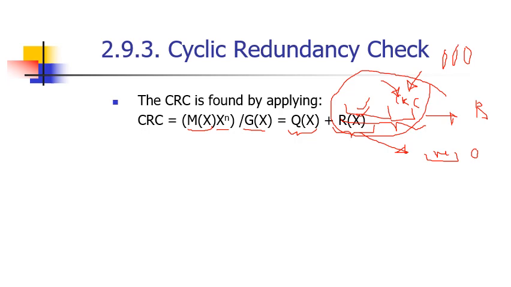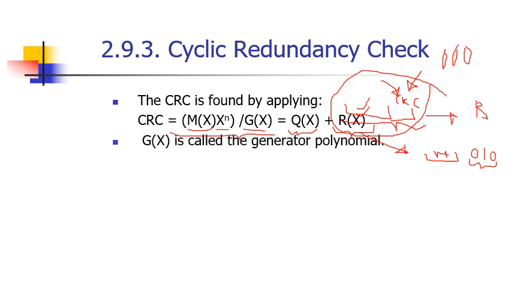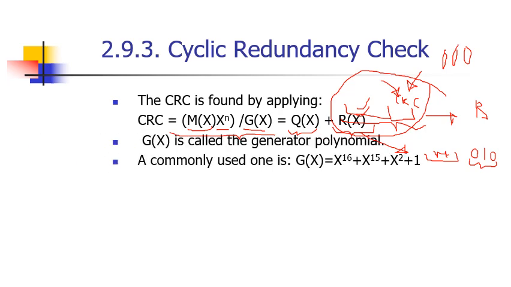So this is your original message. If your generator polynomial is of degree 3, meaning you have to append 3 bits, which are the result of this long division process. Okay, let's take an example.